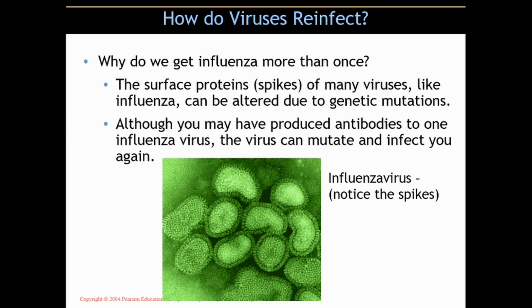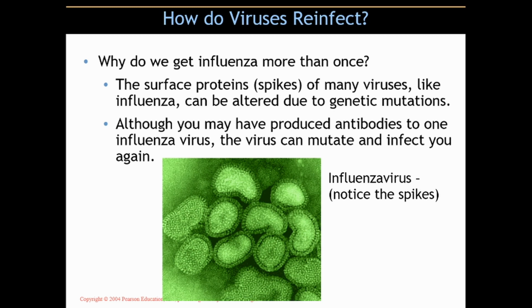So if a new strain infects you again later, it's like you're totally reinfected again. Even though it's the flu, it's a new strain, and in terms of your immune system, it's brand new. So you have to develop a whole new set of antibodies against that newly mutated strain of the flu. So we keep getting it again and again and again.